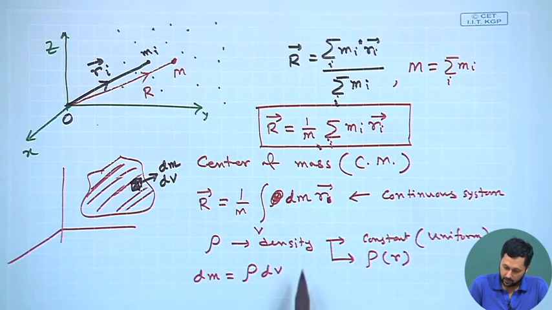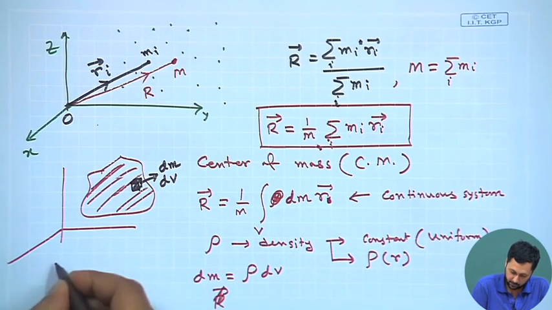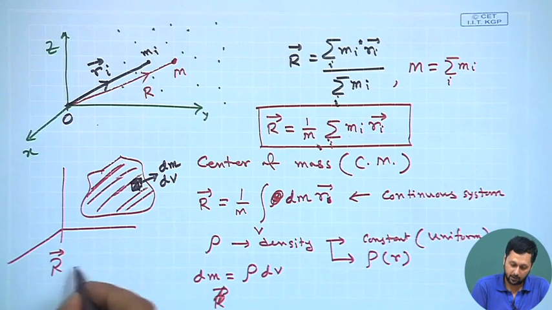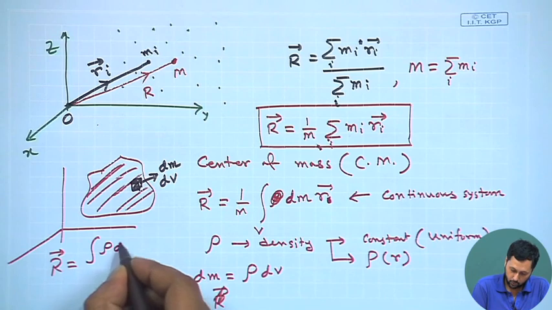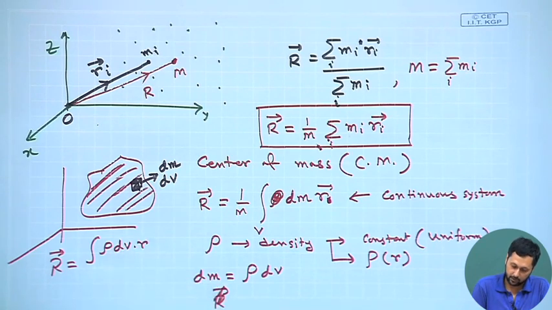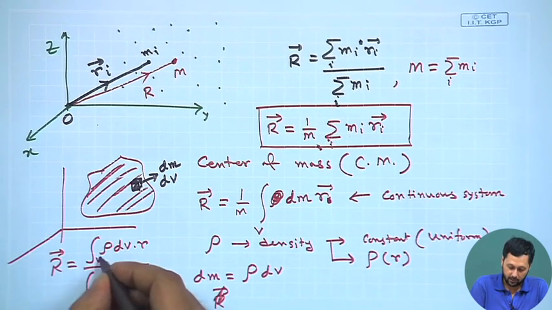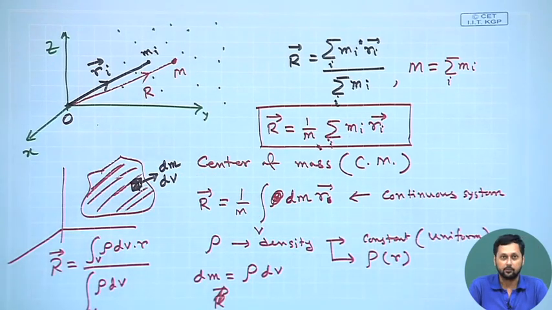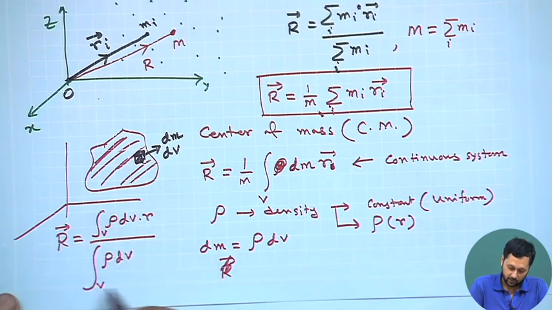So, we can replace this dm in this equation, and we can redefine R to be equal to the integration of rho dV times r, and again M is nothing but the integration of rho dV, and the integration is over the entire volume of the system. So, this is an alternative definition of center of mass which is equally effective.